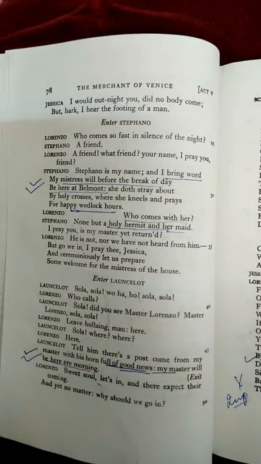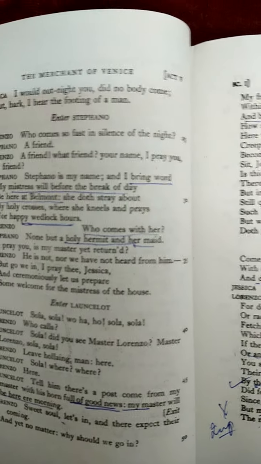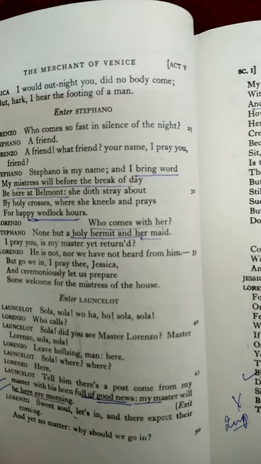Still, the way Bassanio introduces her as Portia has a very interesting dramatic impact.